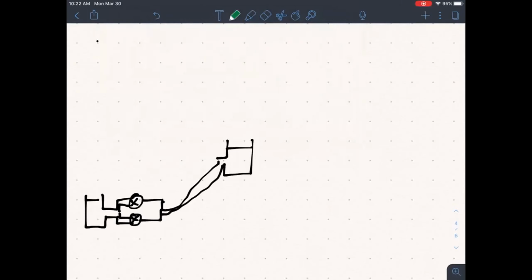Okay, so now we have our system, our energy grade line comes down, it hits those two pumps in parallel, it jumps up, comes down.